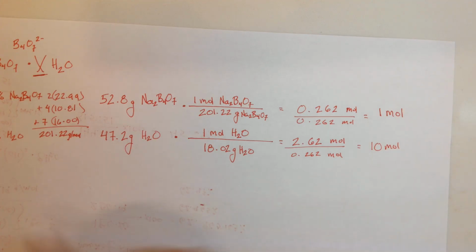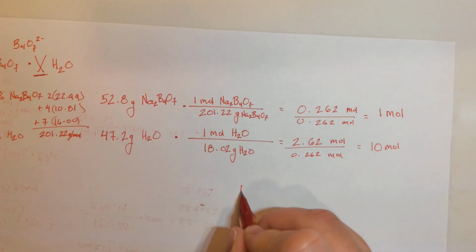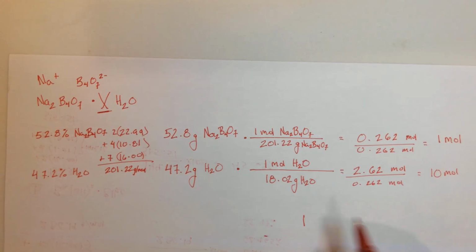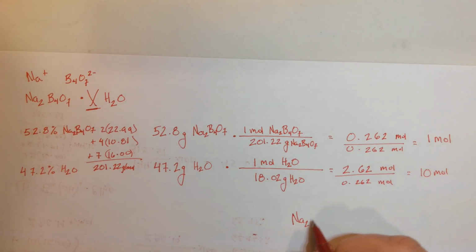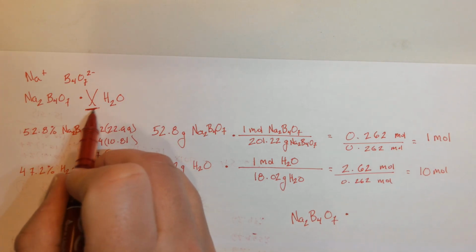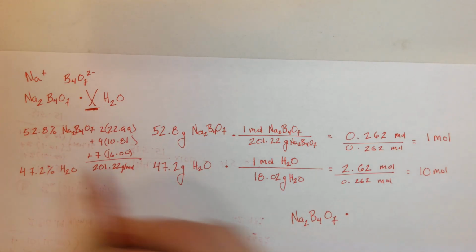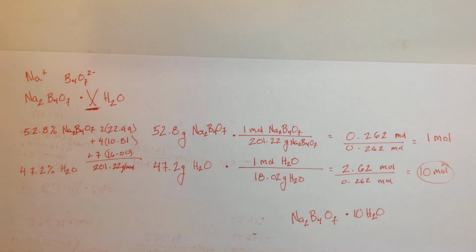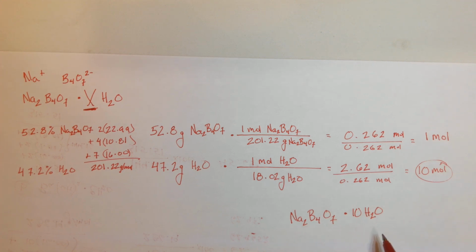That means that when we go to write out our formula, we know, so we wrote it over here earlier, we know that we have Na2B4O7 dot XH2O. What's that X? It's 10 moles H2O. How would we name this then?